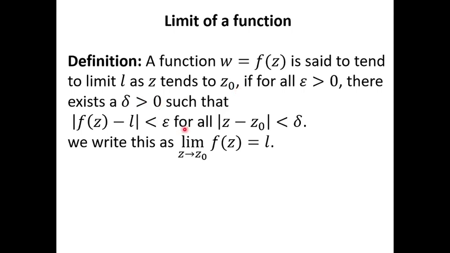Here epsilon and delta are very small numbers. This is the statement or definition of the limit of a function, which can be written as limit Z tends to Z naught f of Z is equal to L. Here L is a limiting function. This limiting function should be finite and unique.